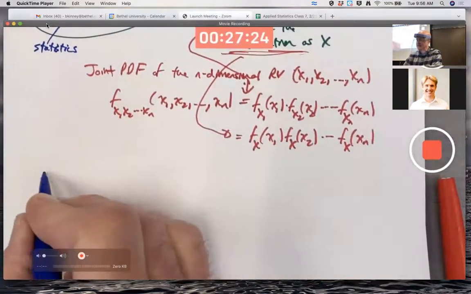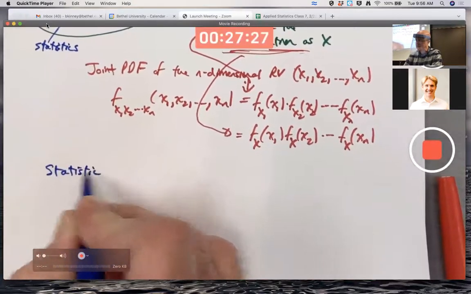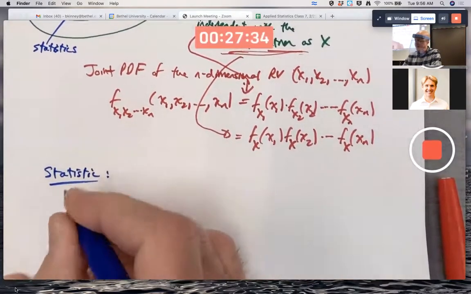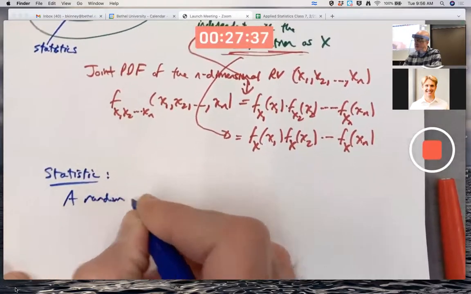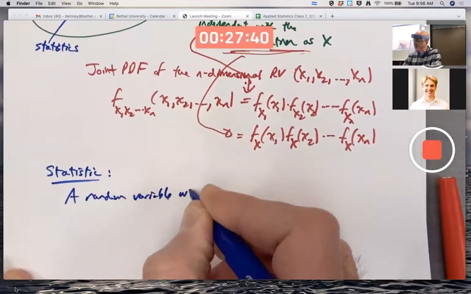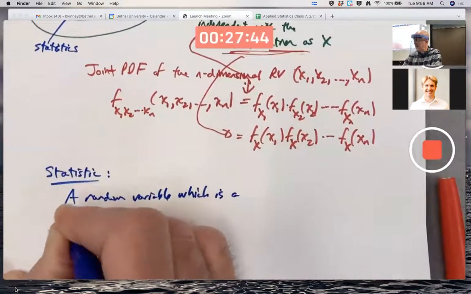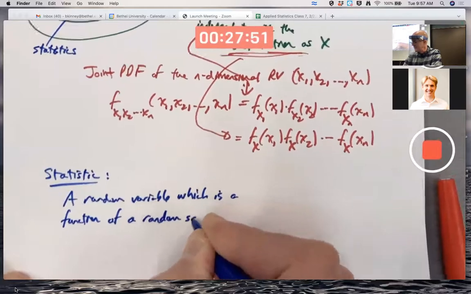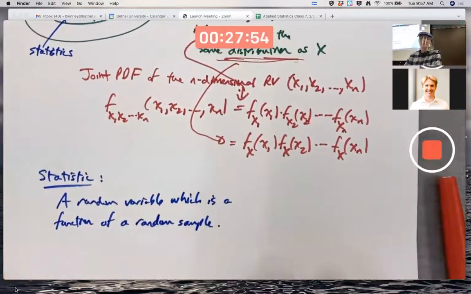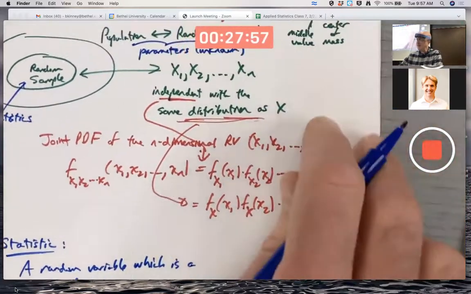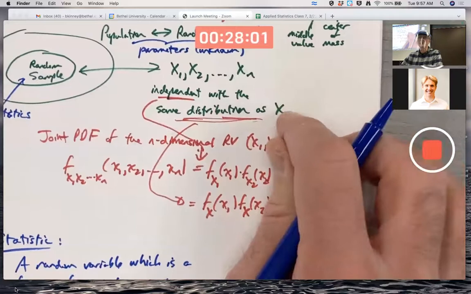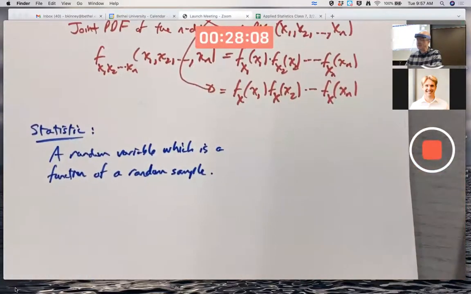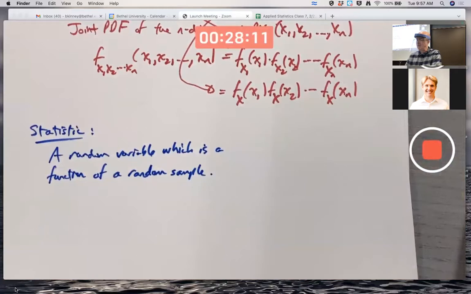So for us, a statistic is a random variable which is a function of a random sample, where a random sample is what I told you 10 minutes ago, a collection of n random variables that are independent and have the same distribution as the random variable that we're studying from the population.